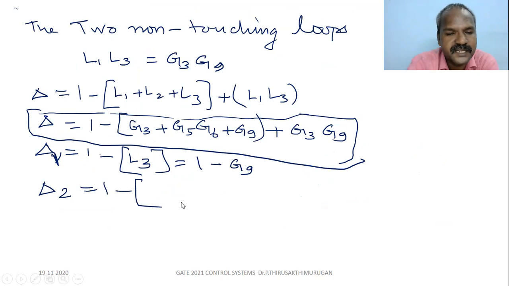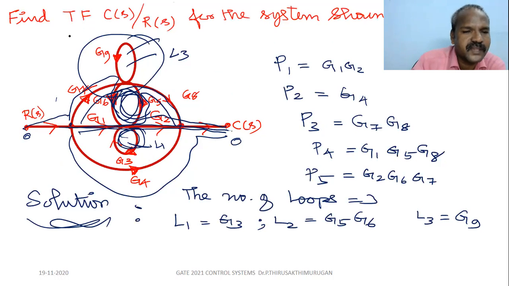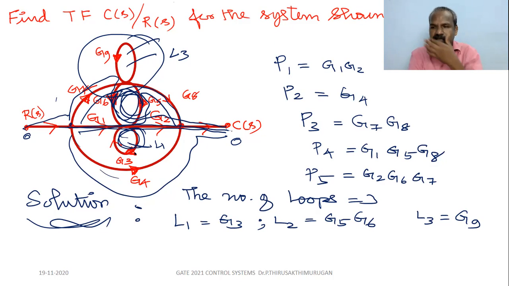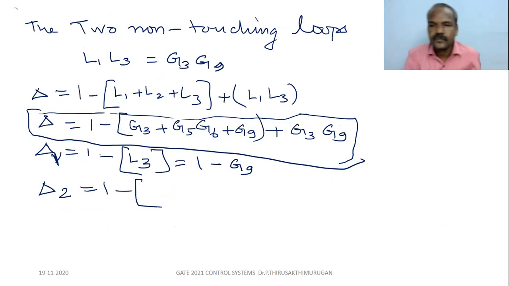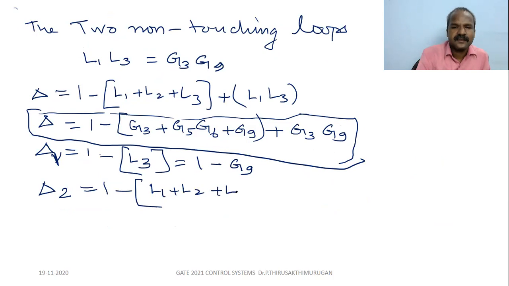Now delta 2. Which loop is not touching the second forward path? The second forward path is G4. Which loop is not touching G4? All the 3 loops are not touching the second forward path, so L1 plus L2 plus L3.